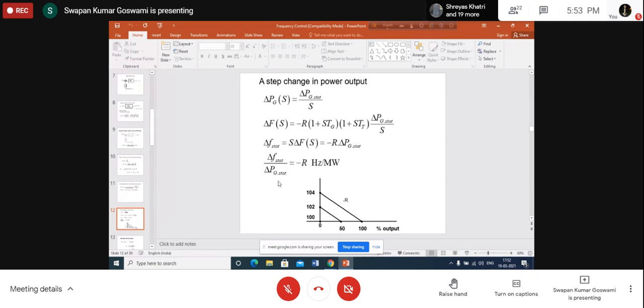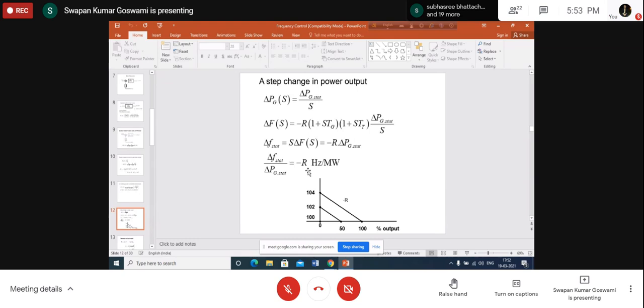That means when the generator is fully loaded, and previously it was loaded at 0, the change in output is 100%. For 100% change in power generation, the percentage change in frequency is represented by R.